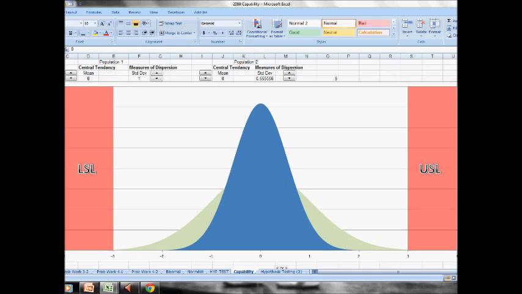So that's good. 6 divided by 4 is 1.33. Never was good at math. Is 1.5, sorry. So 1.5 CP is good. Basically anything over 1.33 is considered capable.